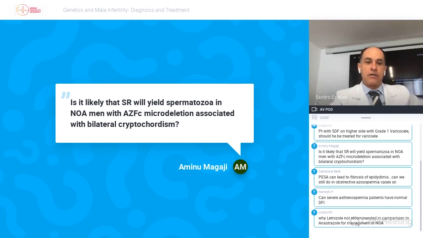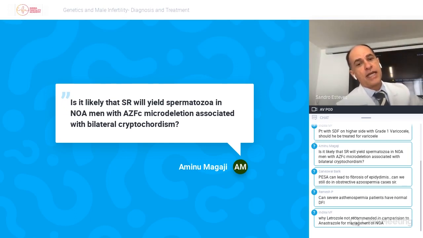Bilateral cryptorchidism per se is a condition in which we can find sperm in about 50% of cases. However, it depends on when the cryptorchidism has been treated. So if the orchidopexy has been carried out after age 2 years old, we know that the older the patient gets the testicles fixed in the scrotum, the lower the possibility of having sperm on sperm retrieval.